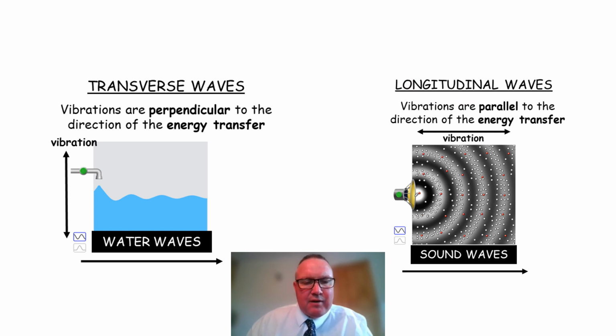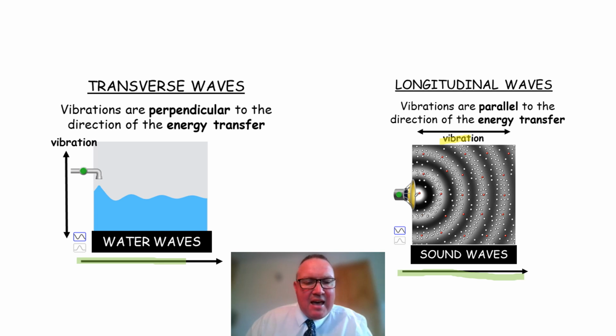To understand the difference between them, we need to remember that all waves are made by vibrations and all waves transfer energy. So, for example, in a water wave, the vibration that makes the wave is an up and down motion as the drop of water makes the water splash up and down.